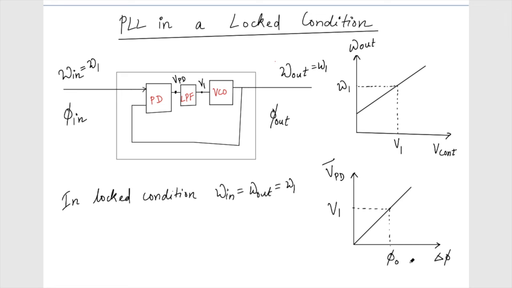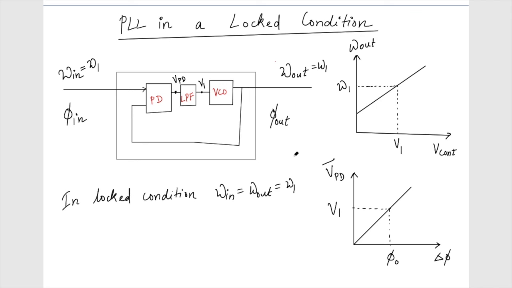What it means is that my phi in and phi out should have a phase difference of phi naught such that the average value is V1, and once the V control is V1, the frequency the VCO will be oscillating at is omega 1.